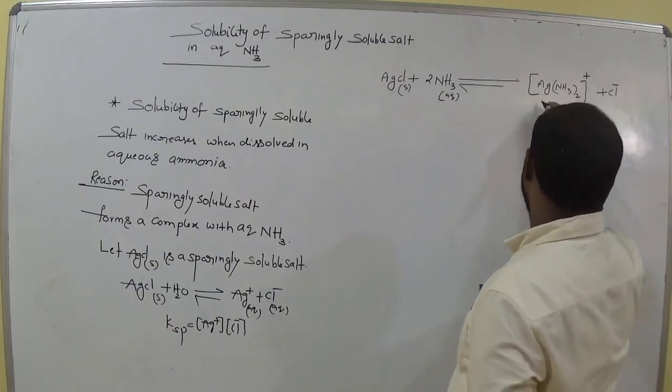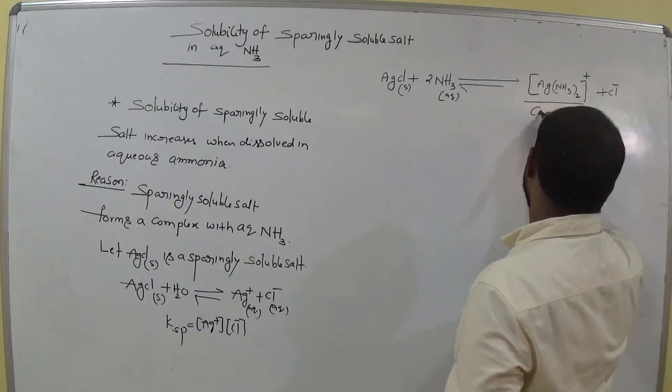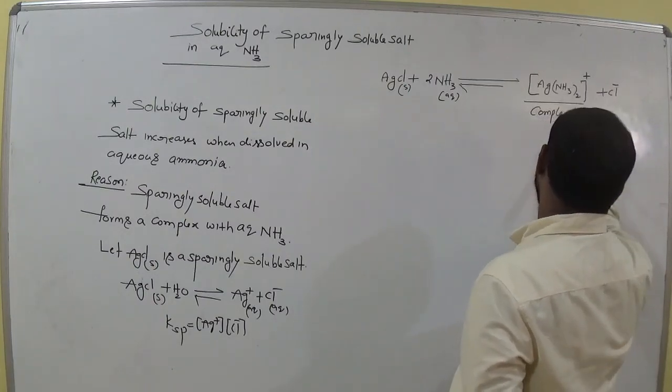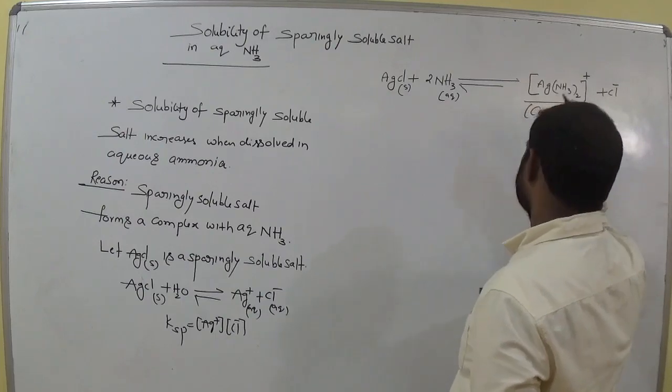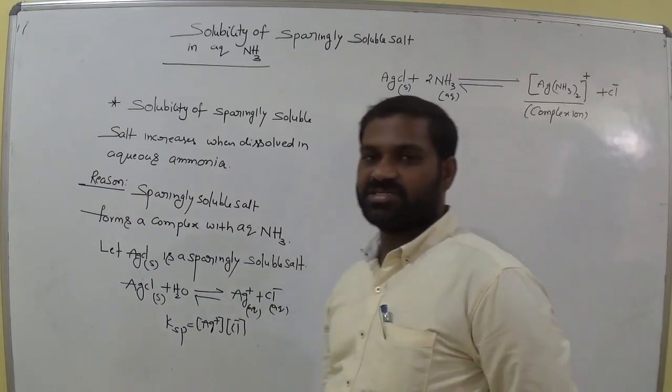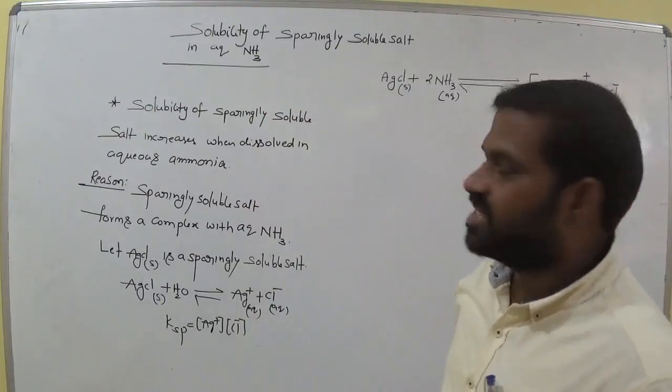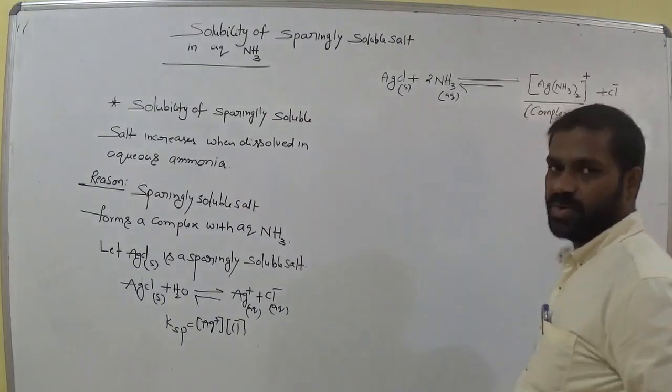Okay, this is the complex. The square bracket represents the complex ion, the plus is there, so it is a complex ion. Complex ions are well dissolved. Solubility of AgCl is increased in the form of a complex ion with ammonia.